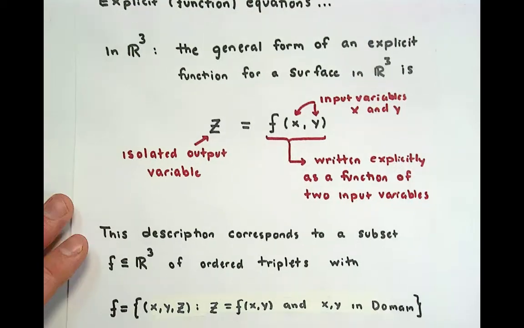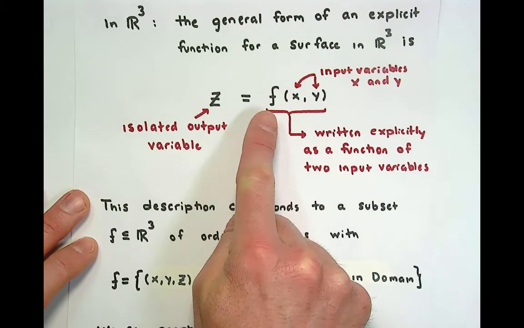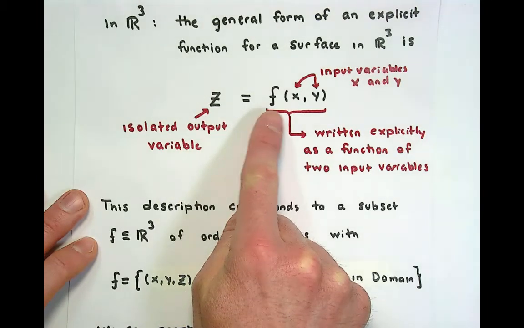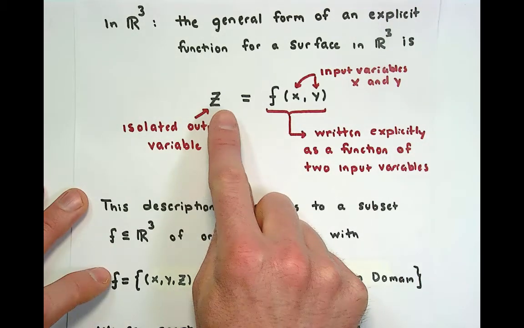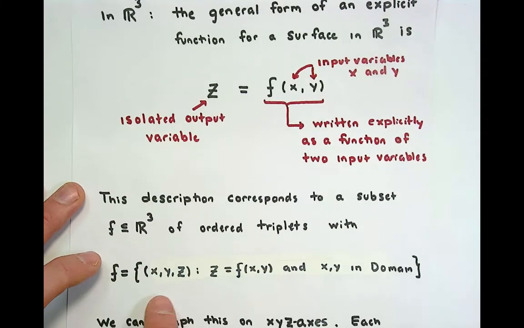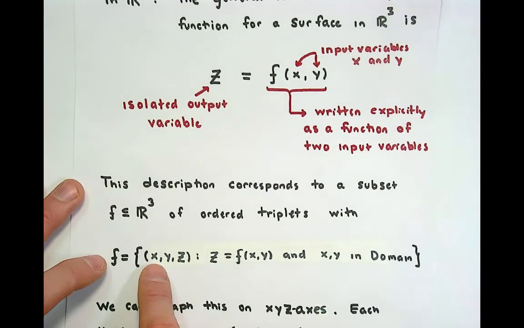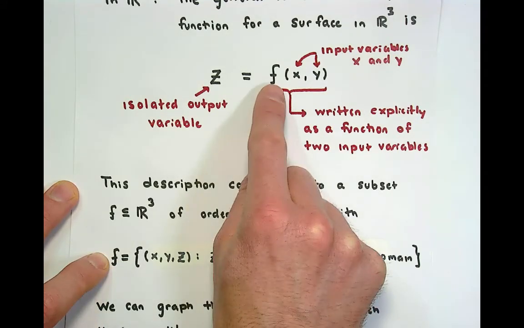Again, this representation suppresses details. One of the major ideas that we're playing with here is that when we write a function like this, we're really looking at a set of ordered triplets. This set of ordered triplets we might call lowercase f. It's a bit of abusive notation since this is a set and this thing right here is a function, but they happen to correspond with the same ordered triplet points.